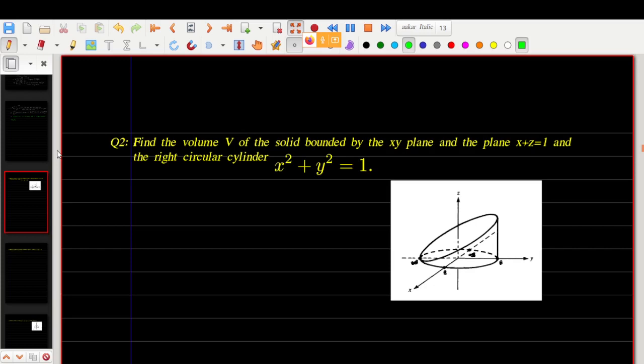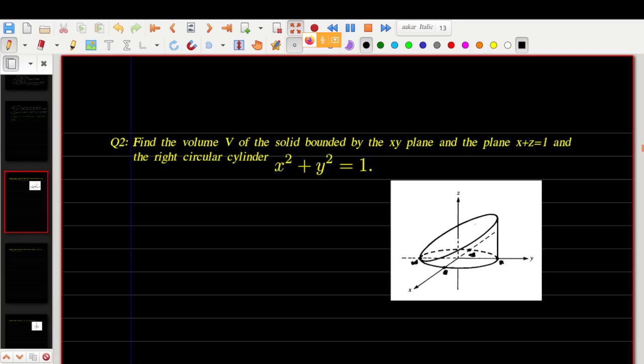Okay, so what is the question? The question says find the volume V of the solid bounded by the right circular cylinder x square plus y square equals 1, and the xy plane and the plane x plus z equals 1.